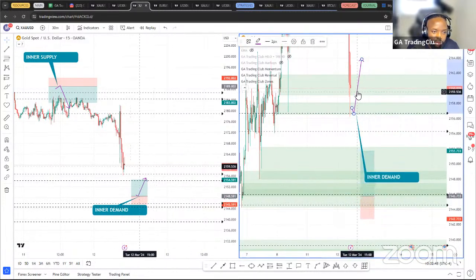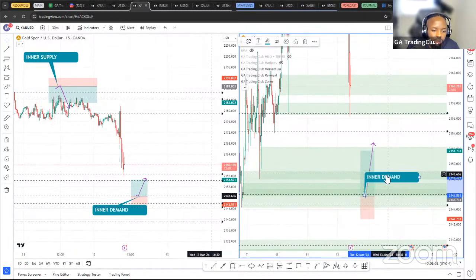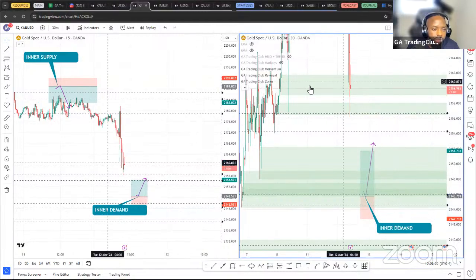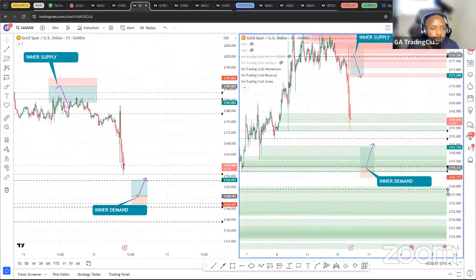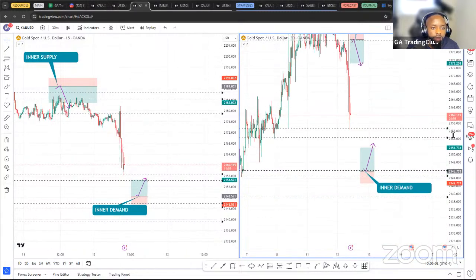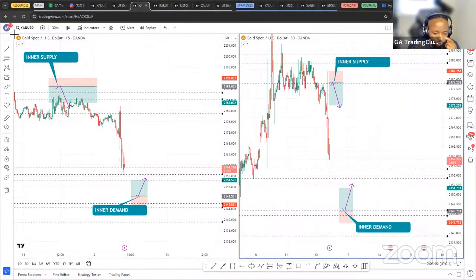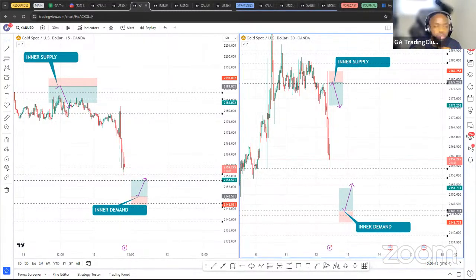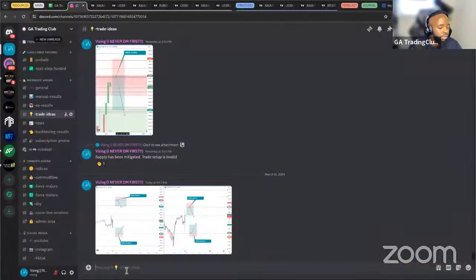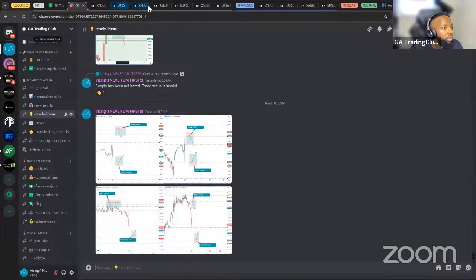We move this down here, because these zones update in real time. So I can turn this off. Let's send this here. I'll send this in the Discord. So that's for gold.